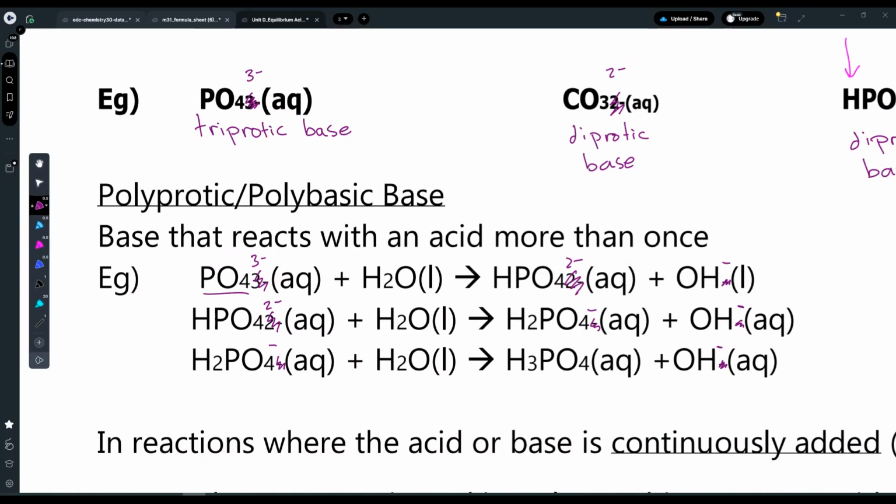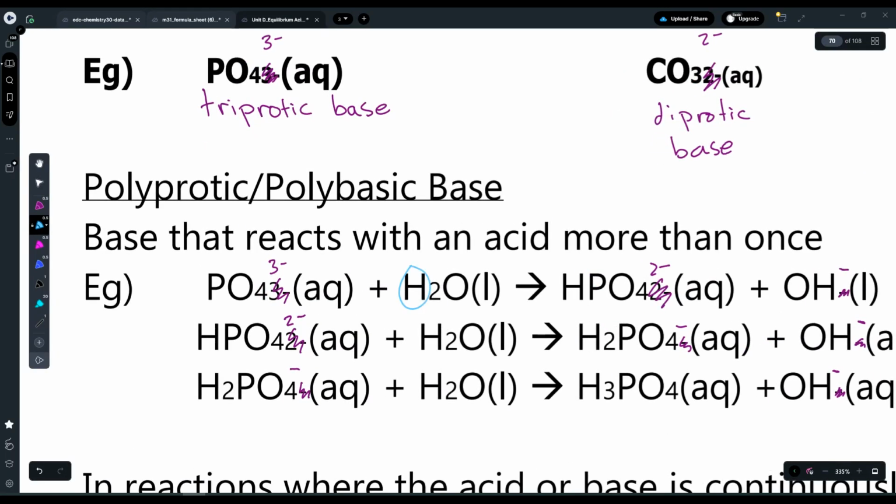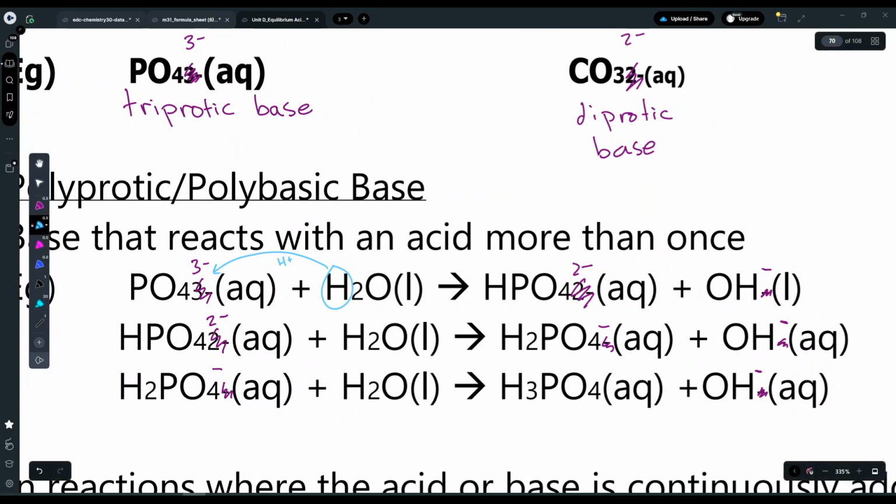Here we have our phosphate ion, so PO4 with a 3- charge. It's reacting with water, and water is donating a proton to the phosphate ion. So then we get hydrogen phosphate, so HPO4 with a 2- charge, and hydroxide for our products.